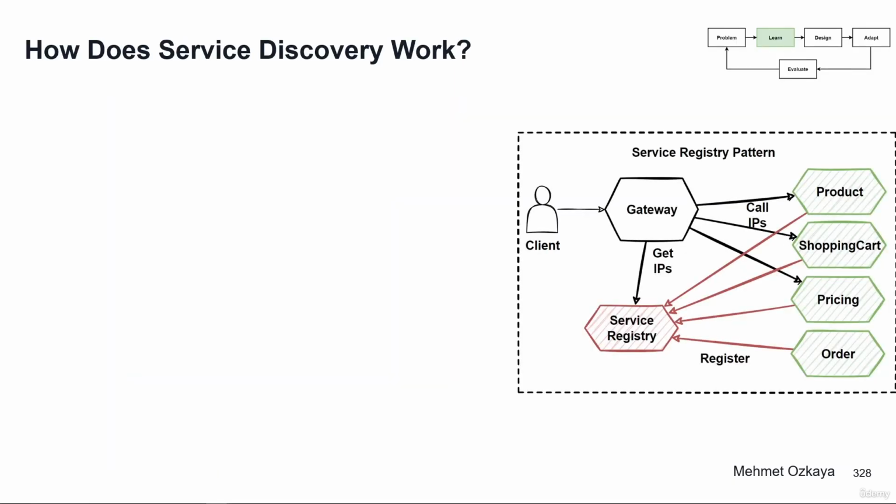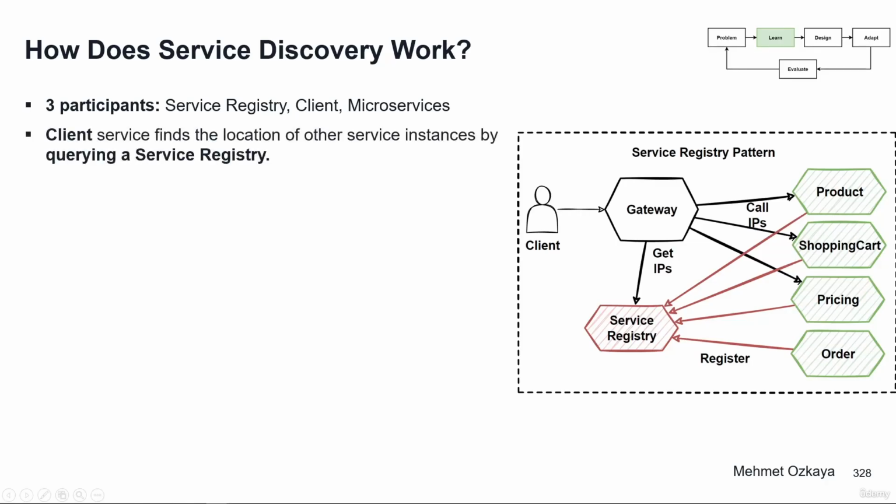So now let's focus on how service discovery works. You can see the image on the slide. There are three participants in the service discovery pattern: the service registry, the client, and the consumers, which are the microservices. Basically, there will be a new service for handling the service registry.